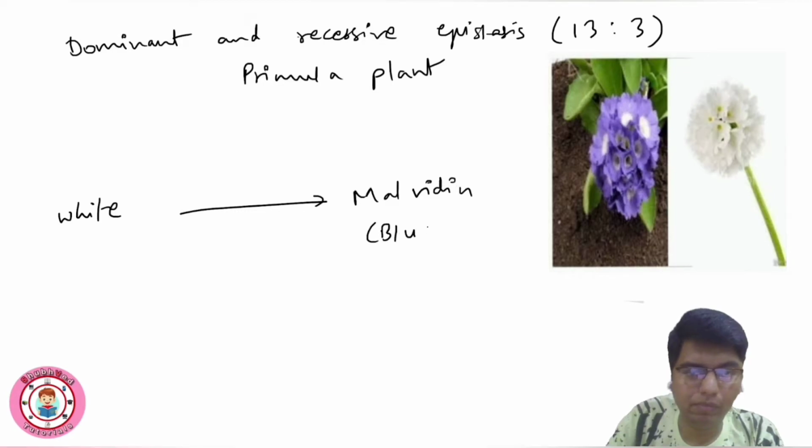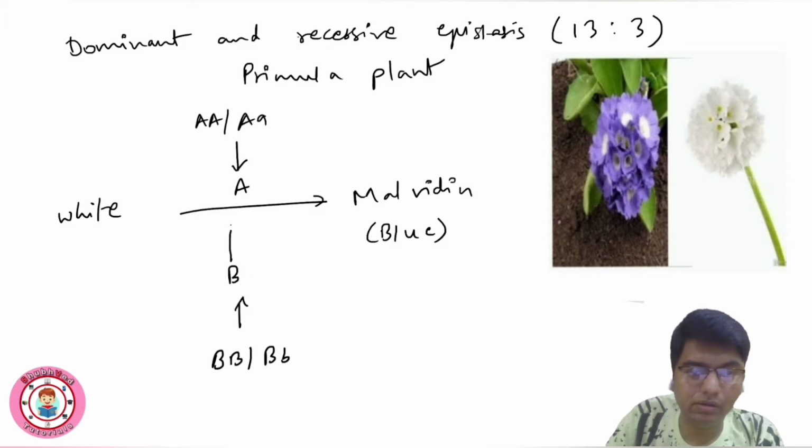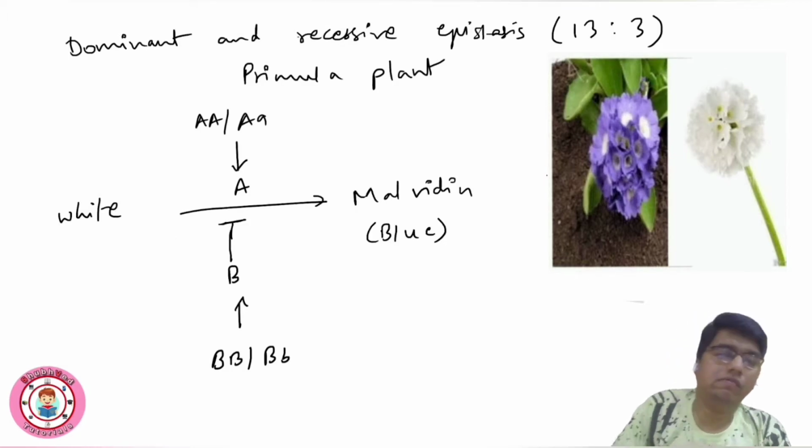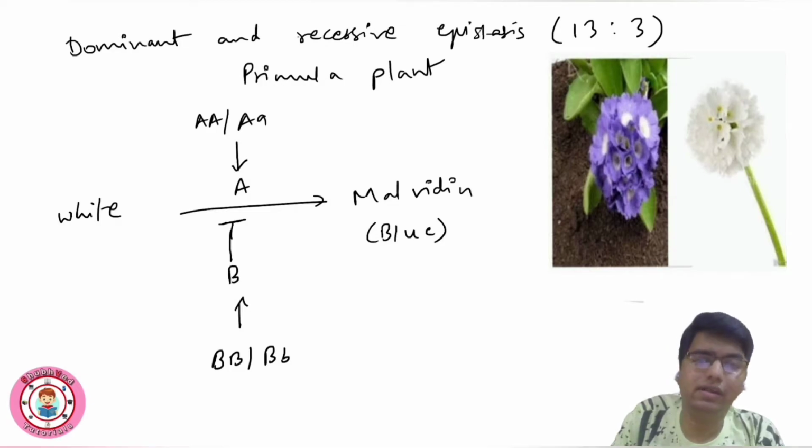So product A is responsible for this, but B will suppress the formation. The B gene will suppress the formation of the color. This B is not responsible for producing the color blue.